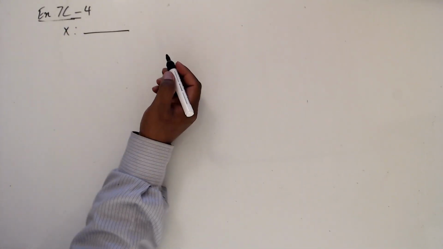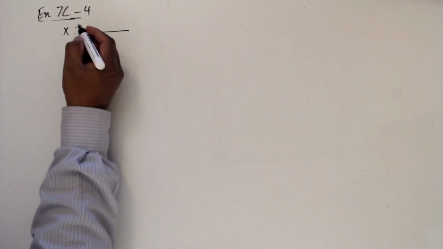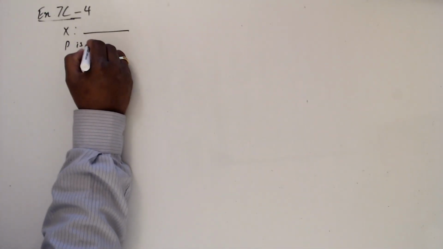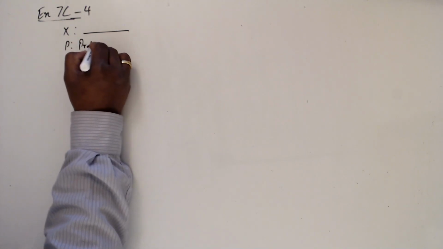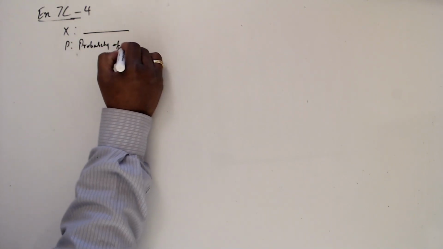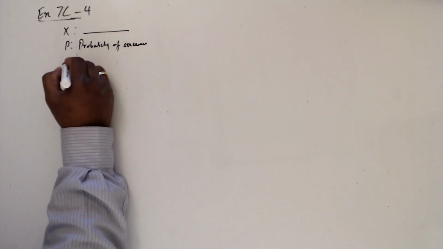So we will let X be the random variable, and P is the probability of success.